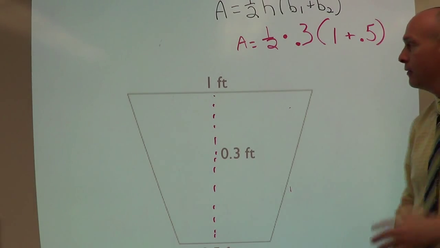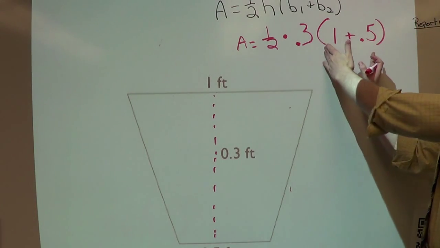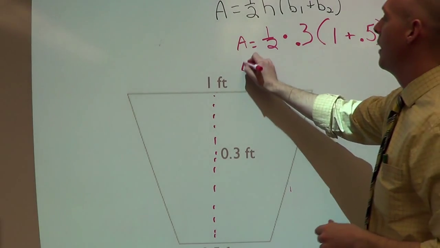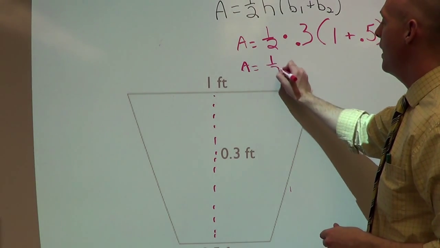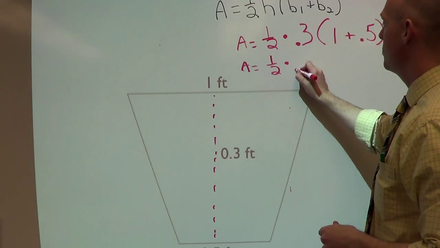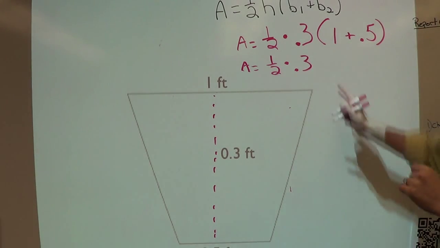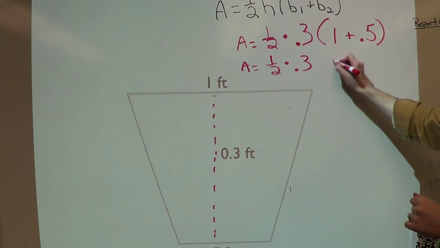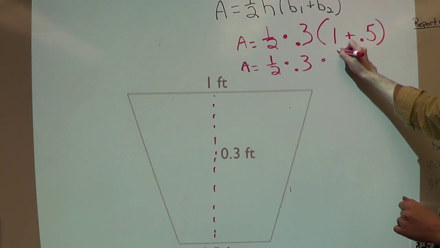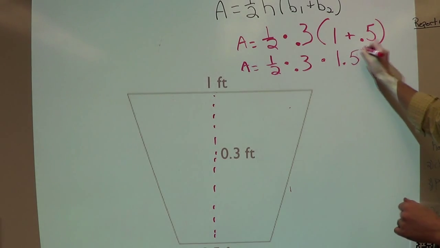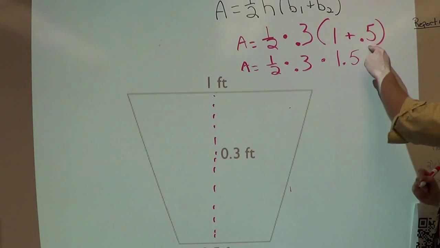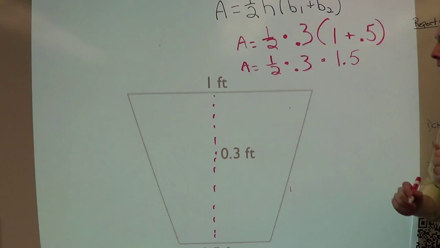Okay, let's solve it. Do what's in parentheses first. So, area equals 1/2 times 0.3 times what's in parentheses, 1 plus 0.5. Well, I know that's just 1.5, because 1 plus 0.5 is just 1.5.